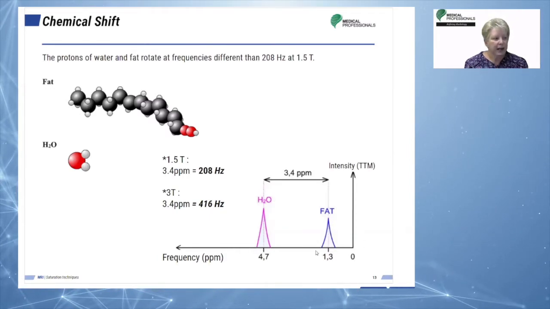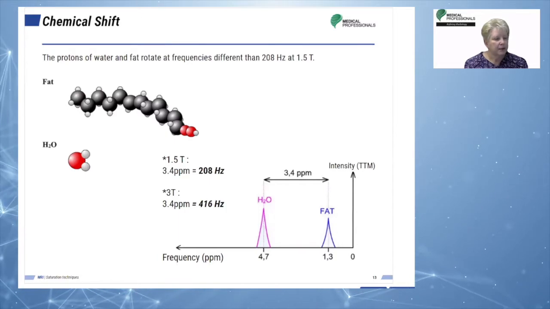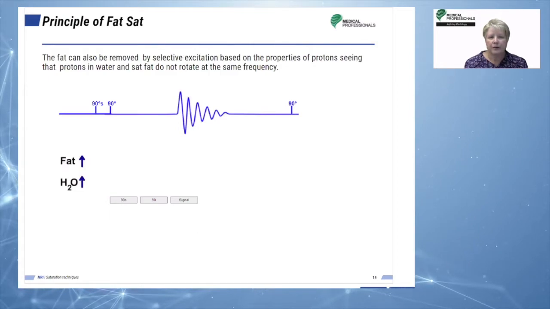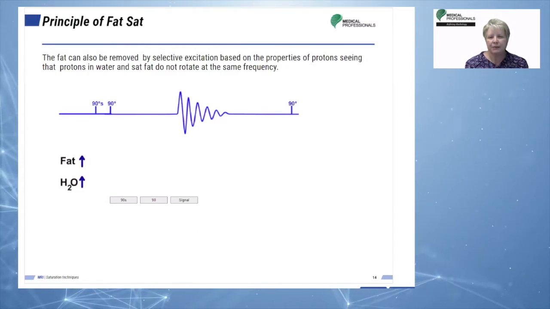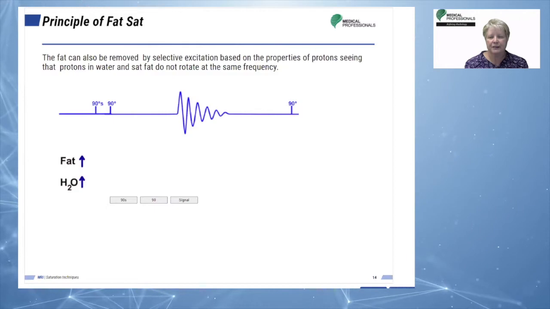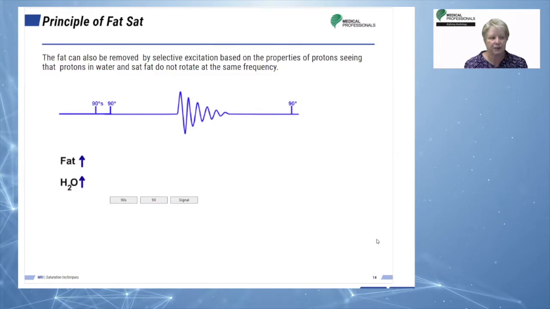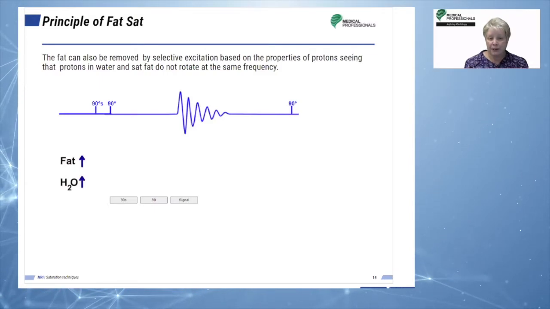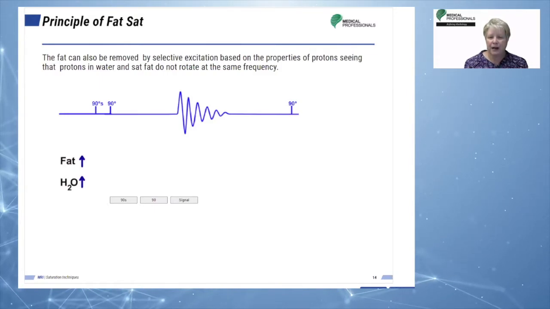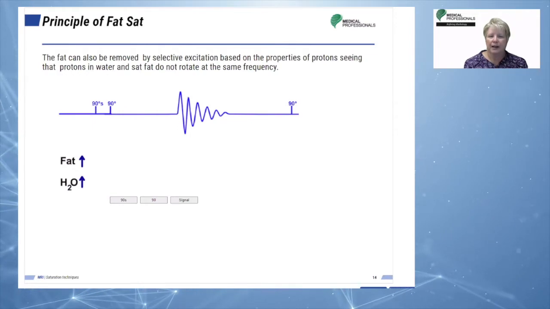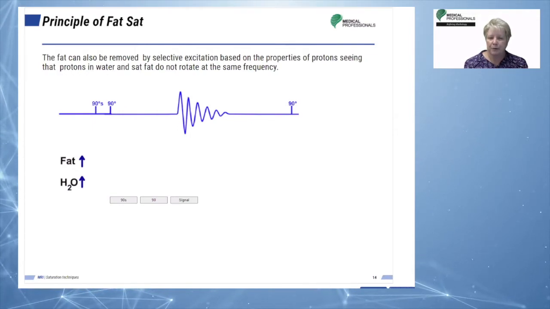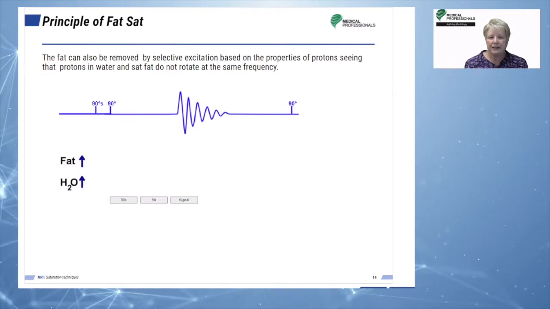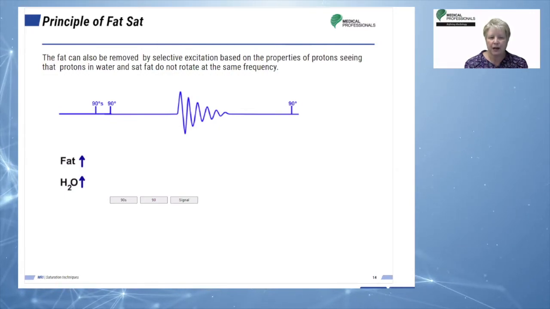When we click on the next button, we can see the representation of signal strength versus rotation frequency. By convention, the reference is the rotation frequency of hydrogen atoms, and the unit is in parts per million, or ppm. This representation enables us to be independent of magnetic field strength.